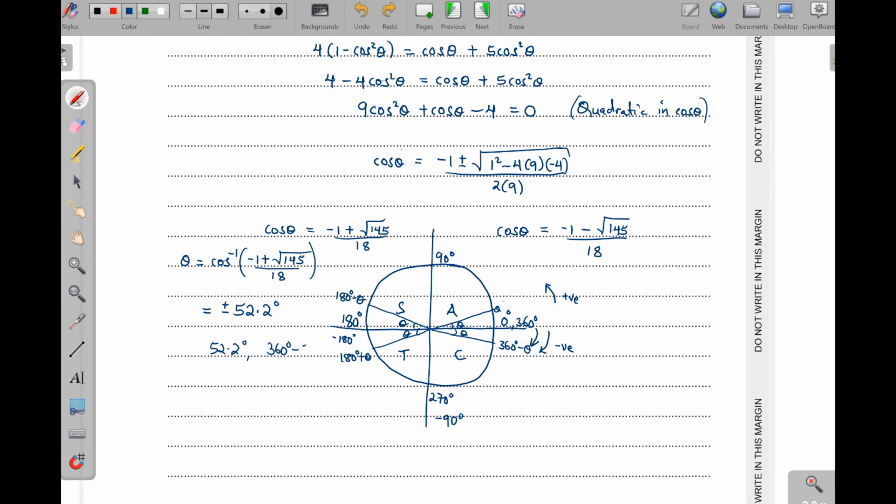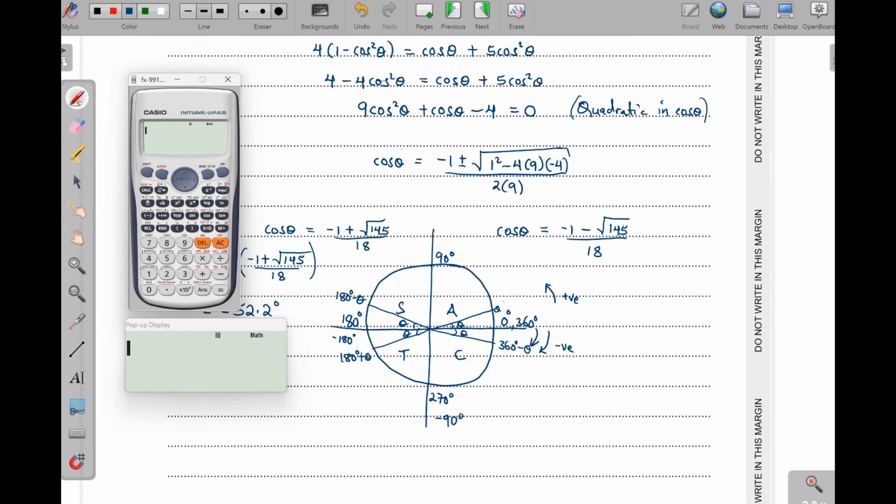And by the way, one other thing you need to know is that cos of a negative angle is always equal to cos of the positive angle. Okay, for example, if I say cos of 30, you can see that it is root 3 over 2.